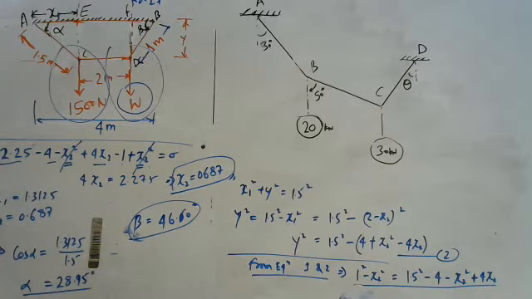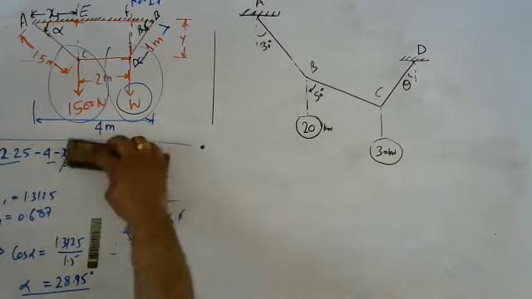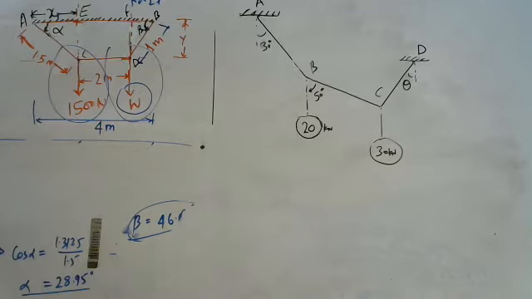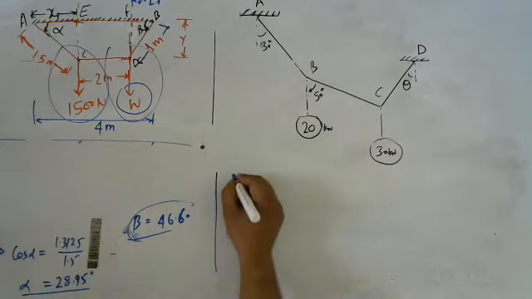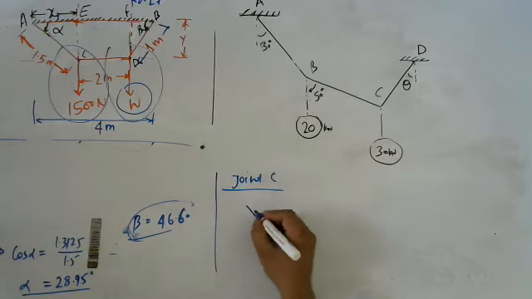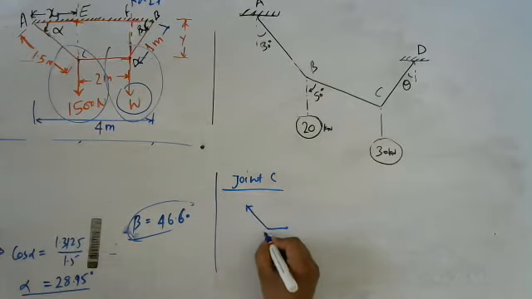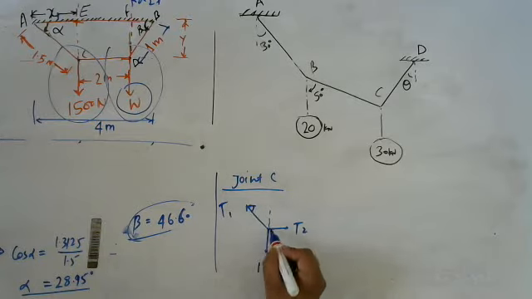So as I already told you, I think I should delete this equation. So now alpha and beta are known to us. So consider joint C. So this is the force, this is the force, this is the force, 50, 100, and let us assume this is T2, and this is T1. If this angle is alpha, this will also be alpha.